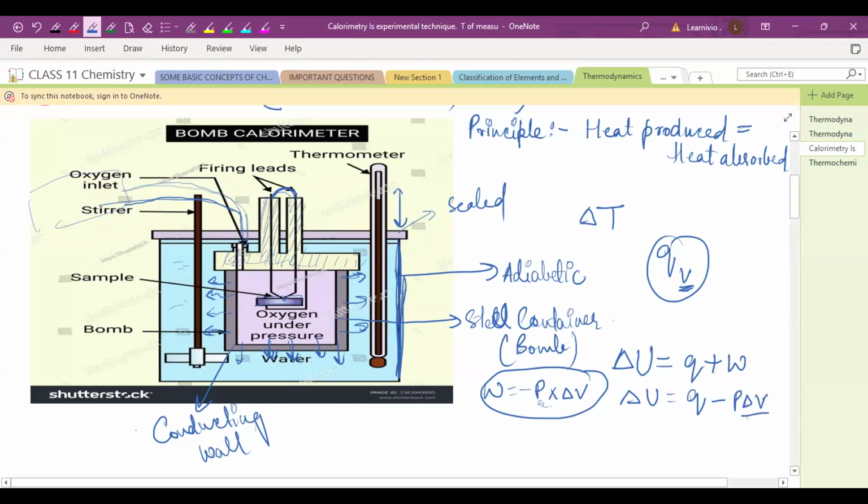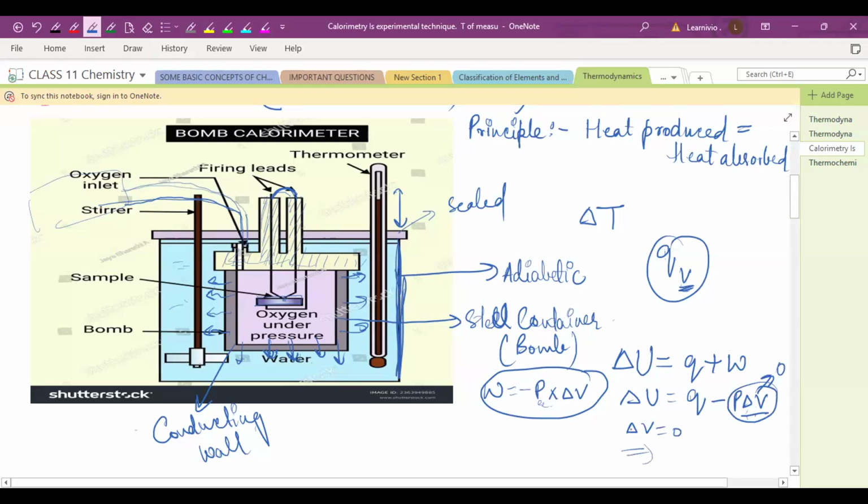Now in this whole bomb calorimetry setup, the volume is constant, so delta V is 0, and this whole term becomes 0.